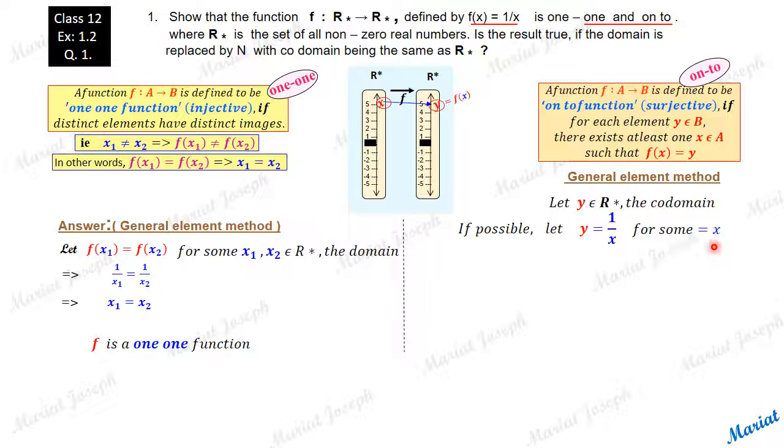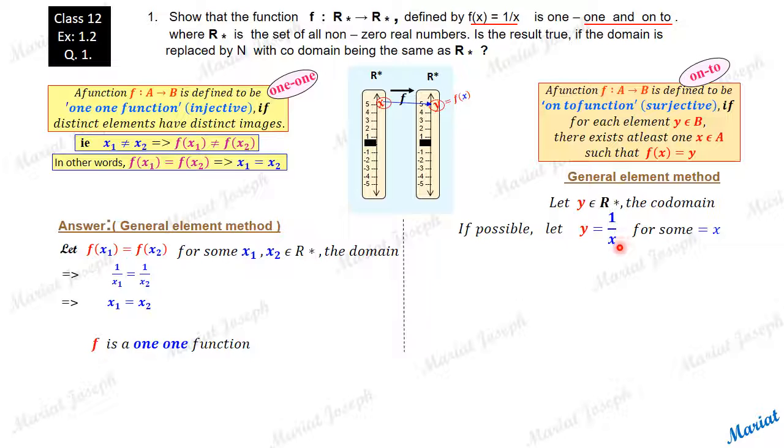We don't know whether this x will belong to this domain. If possible, let us take so. Is it possible? Yet to be checked. So let y be equal to 1 upon x for some x. Now we are going to check whether this kind of an x will really belong to the domain. Will it belong to the domain? That needs to be cross-checked.